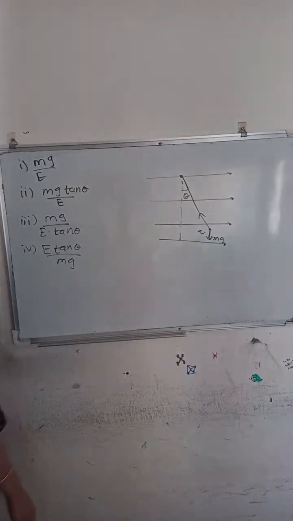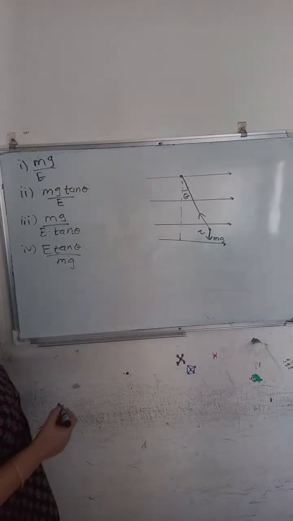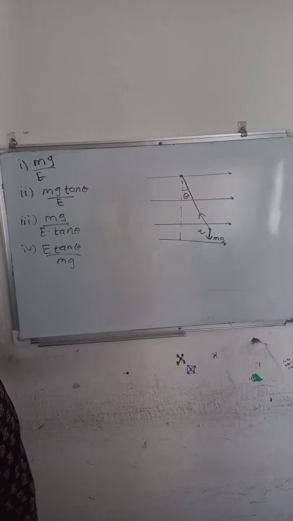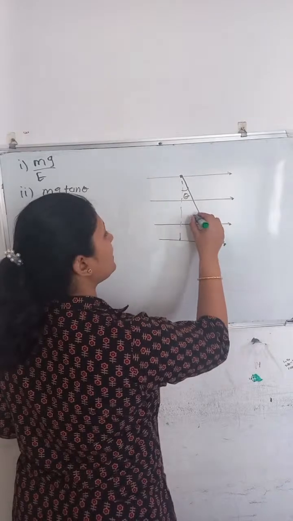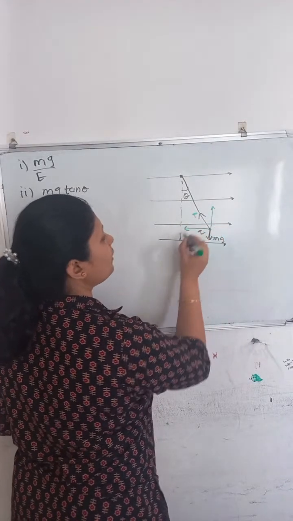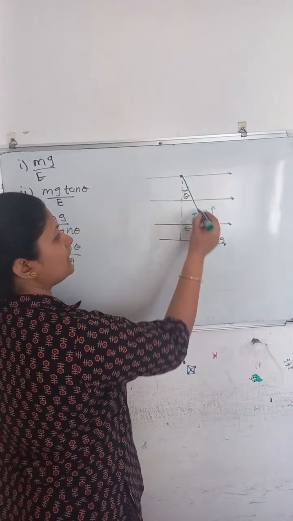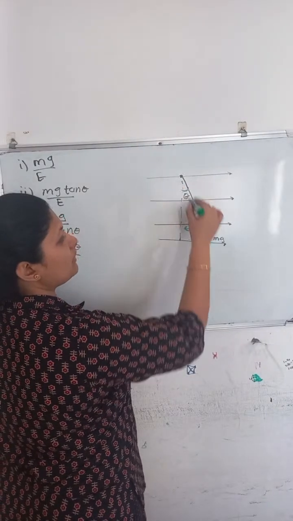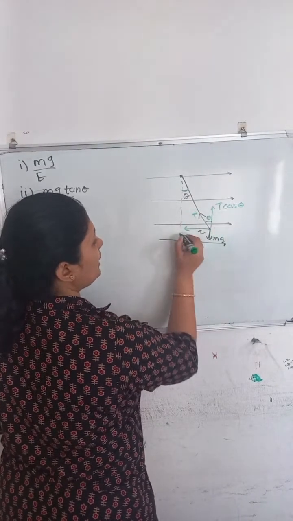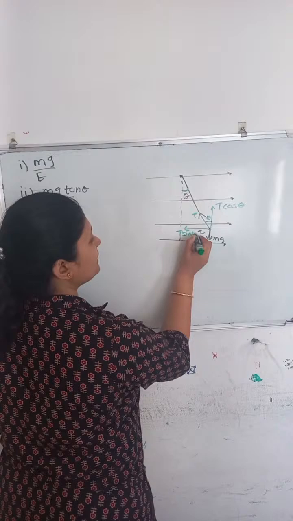So this tension we can resolve into two components, one vertical and another horizontal. If this is theta, then this also becomes theta because of alternate interior angles, and this will become T cos theta, and this will become T sin theta.